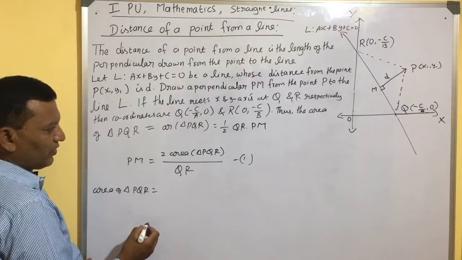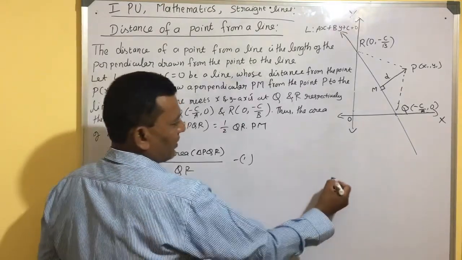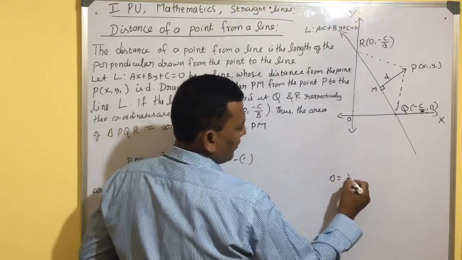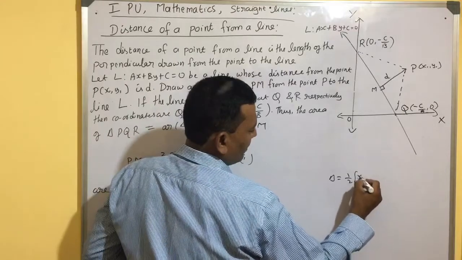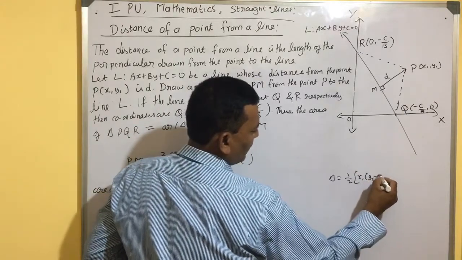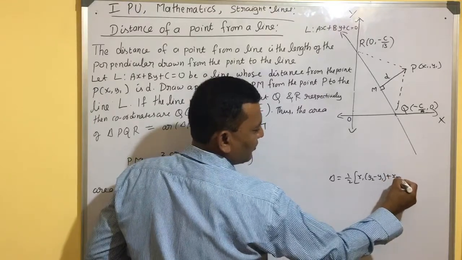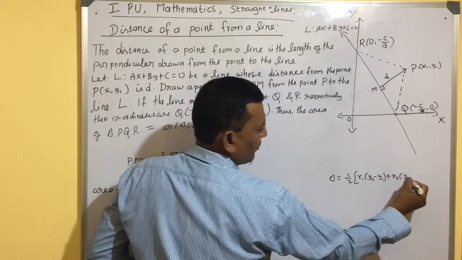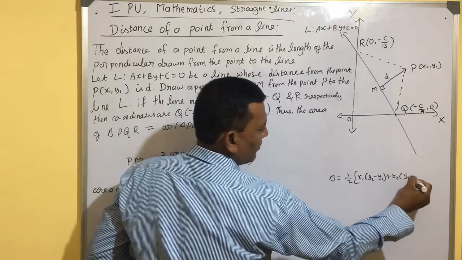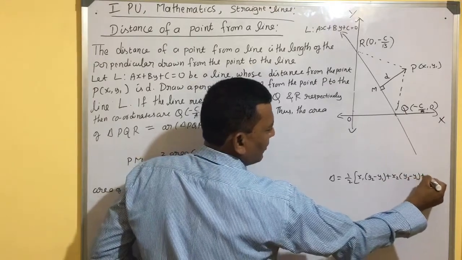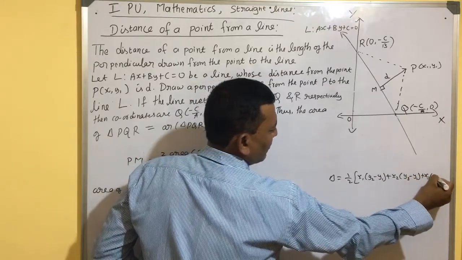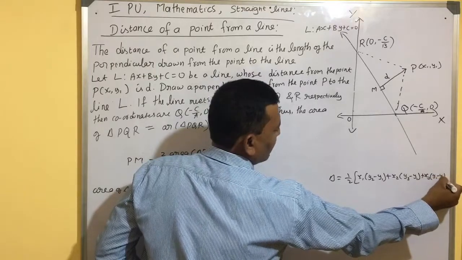For this we can use the formula: area is equal to half into x1 into y2 minus y3, plus x2 into y3 minus y1, plus x3 into y1 minus y2.